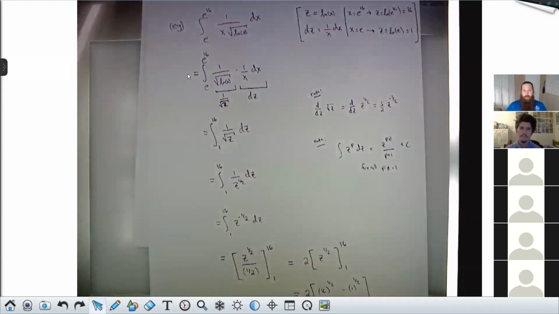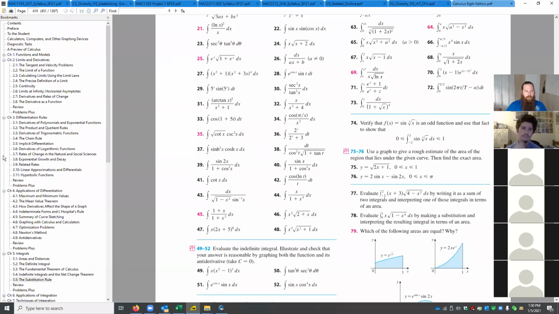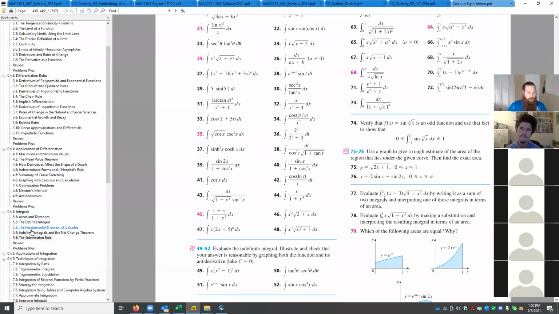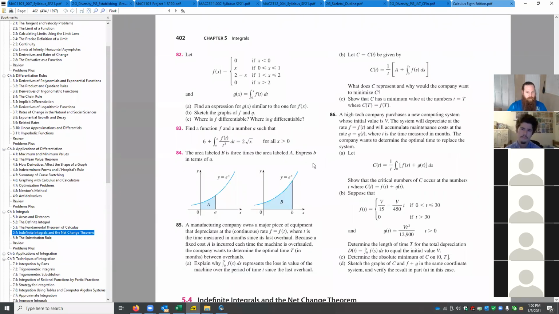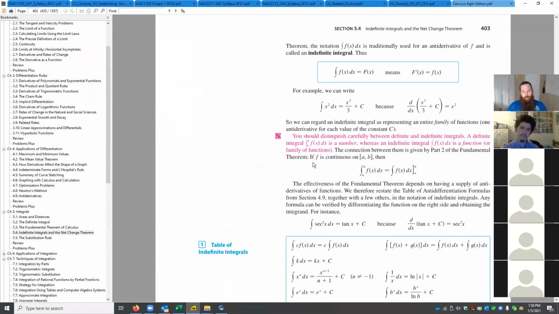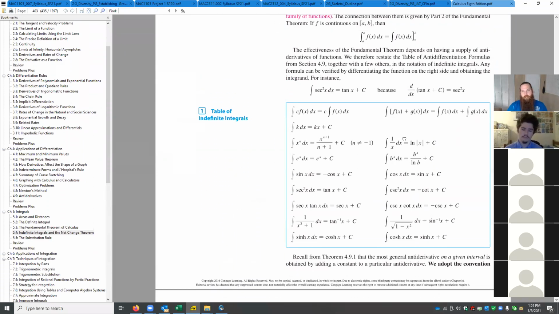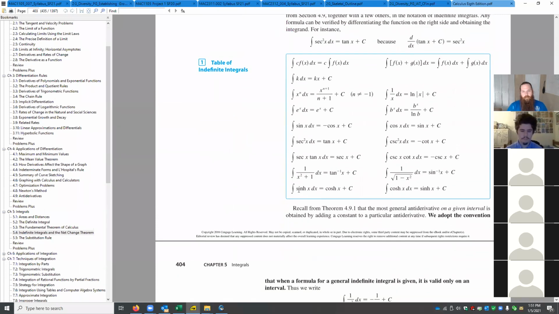The little bit I wanted to show you from the book before we depart is a table of antiderivatives from the end of Calc 1 that you may want to refer back to. You may want to relearn them in case you've forgotten them. It's in section 5.4. Here. Y'all are responsible for all of this. The one exception is this at the end.